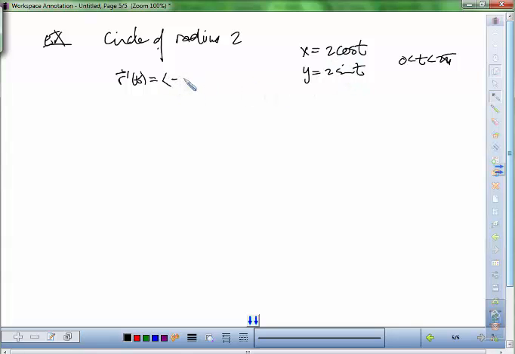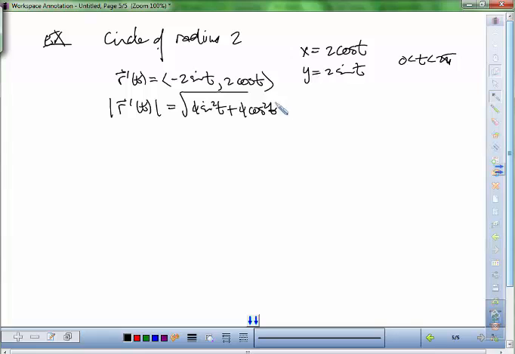The tangent vector is negative 2 sine t, 2 cosine t, and then the magnitude of that is equal to the square root of 4 sine squared t plus 4 cosine squared t, which ends up being 2, right?